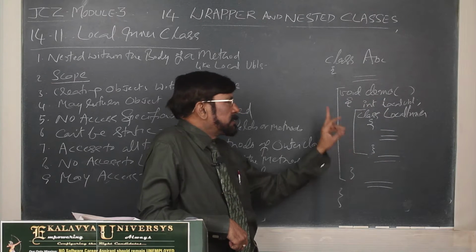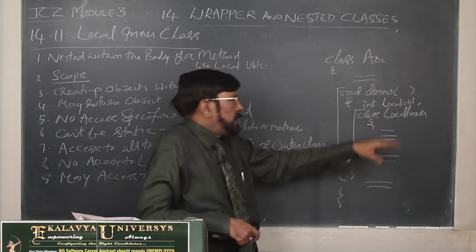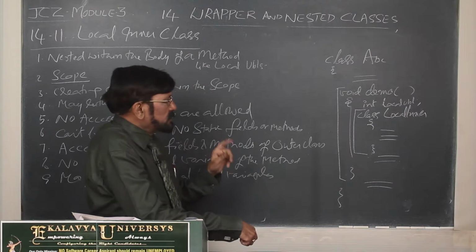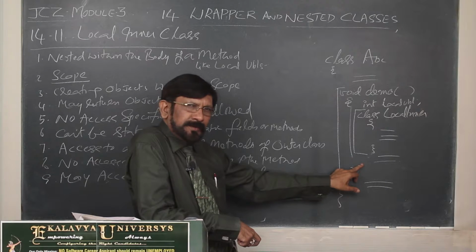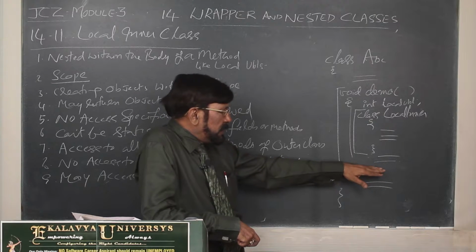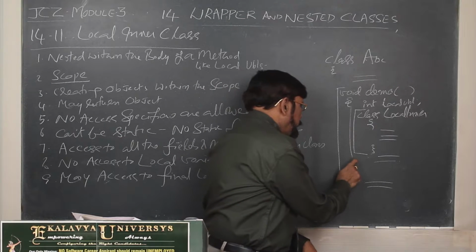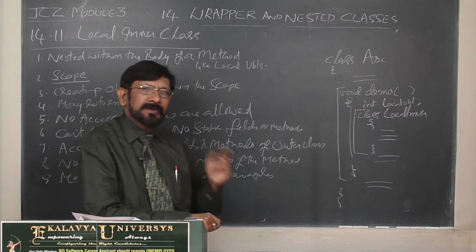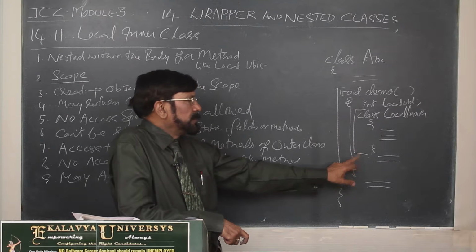Whenever the method returns, it dies. That span is the scope. In this case, you may get a doubt, it is void, there is no return statement. If the method does not have a return statement also, the closing brace represents the return of the method. So, whenever it is executed, it dies.